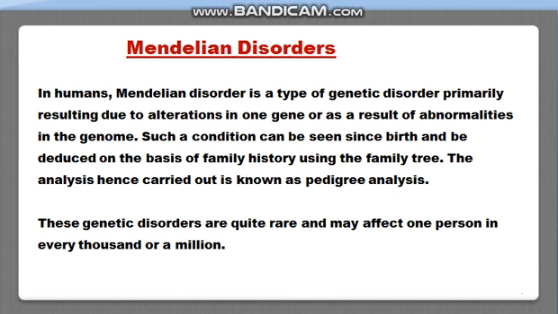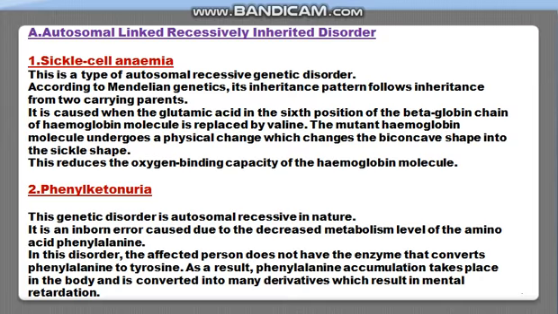These Mendelian disorders are very rare and may affect one person in every 1,000 or a million. Then we will start with the different types of Mendelian disorders. First of all, I will take up the autosomal recessively inherited disorders.